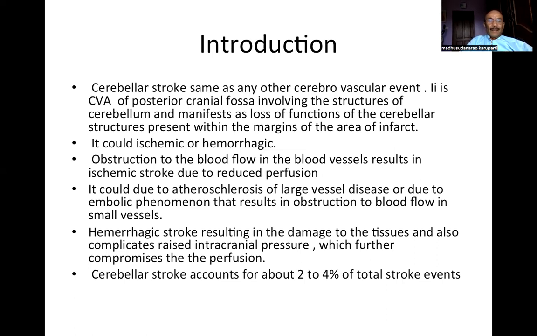Hemorrhagic stroke results in damage to the tissues and also complicates raised intracranial pressure, which again compromises the perfusion of the brain tissue. Well, cerebellar stroke accounts for about 2 to 4% of the total stroke events.